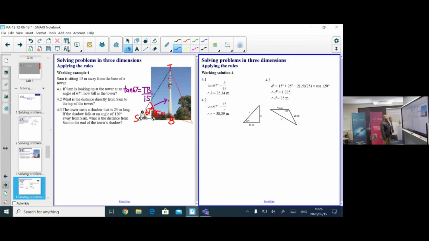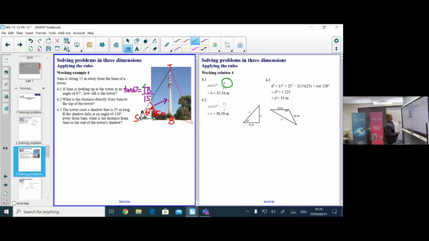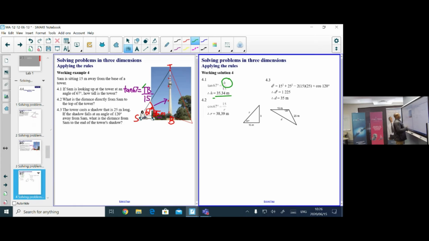So going into the solution of it, as we have just mentioned, we used TB, but the solution here is H, which is the same. So the height H, which is our TB on our diagram, you can easily get as 35.34 meters.